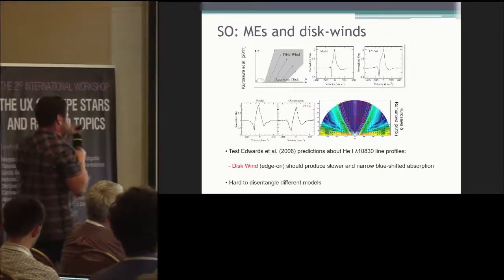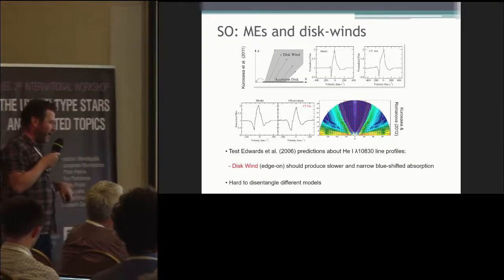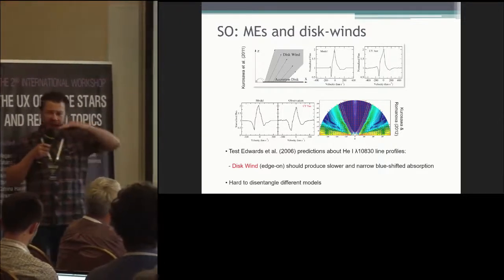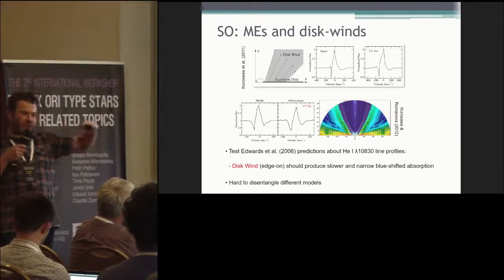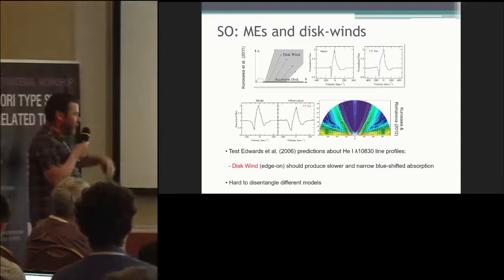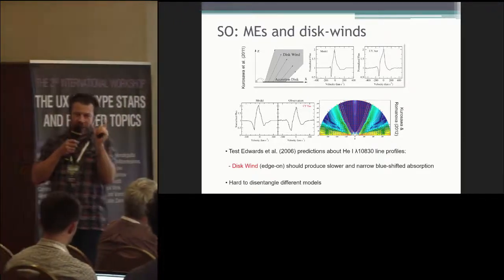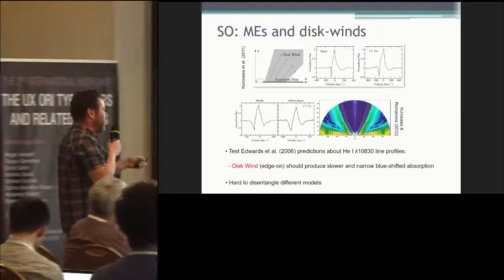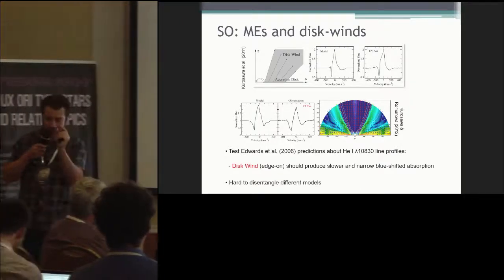The second part of the Edwards et al. prediction is that if you see the system edge-on, your line of sight will go through any kind of disk ejection, and since you will see a narrower range of speed, your blueshifted absorption should be narrower.